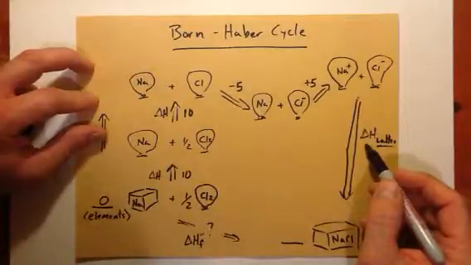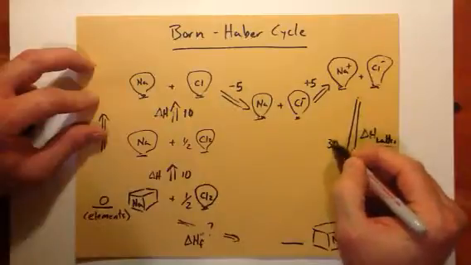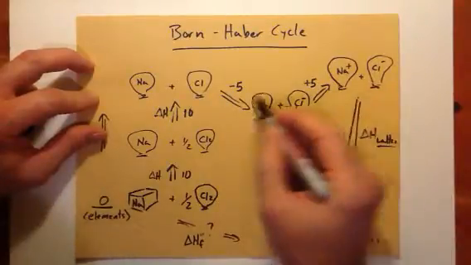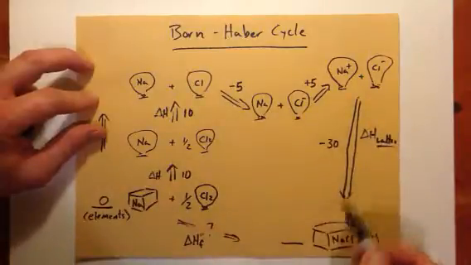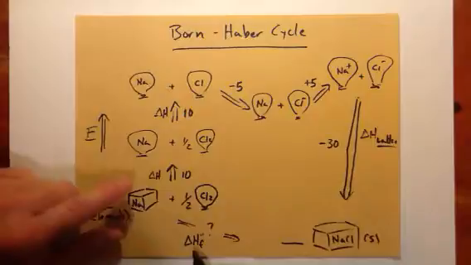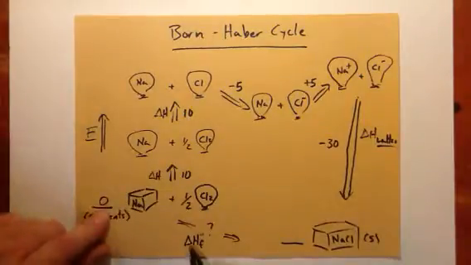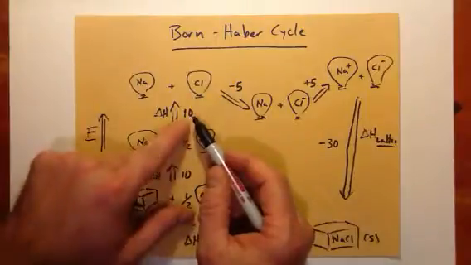Well, let's say if it was -30, we can use all these numbers that we've just put into the path to find this enthalpy of formation. Follow me on this. I left this point and I went up 20 in numbers, 10 plus 10.